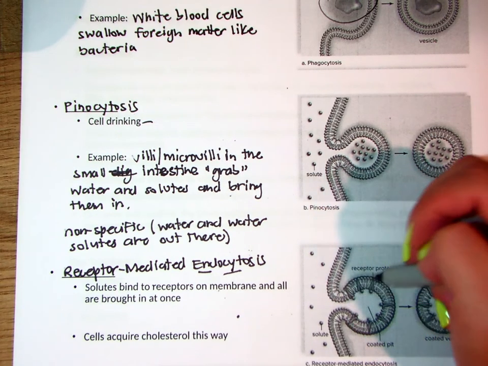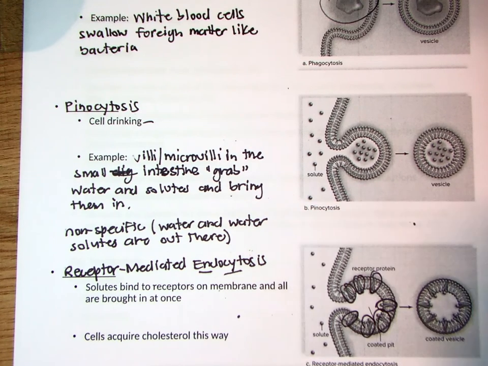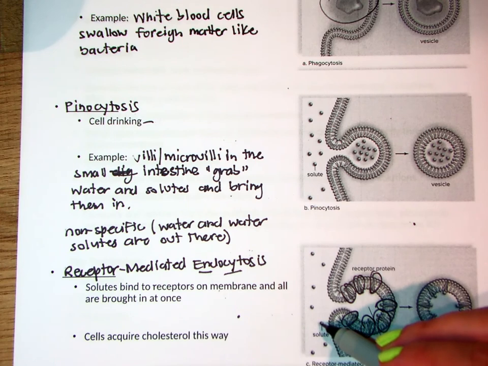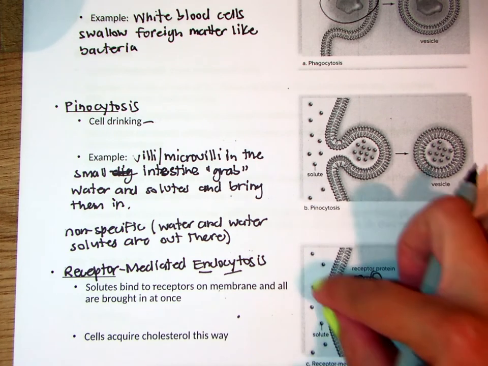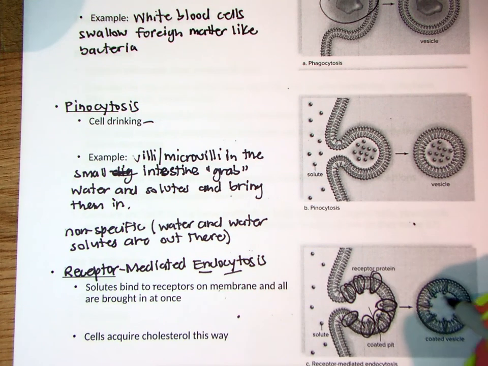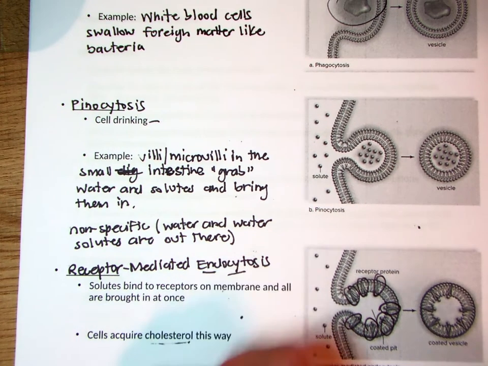So you can see here there are these receptor proteins embedded in the phospholipid bilayer, and they attract certain specific solutes that will stick to it, and then it will pinch off, go inside the cell, and that's how you get those solutes inside of the cell. So solutes bind to receptors on membrane, and all are brought in at once. This is how cells acquire cholesterol.